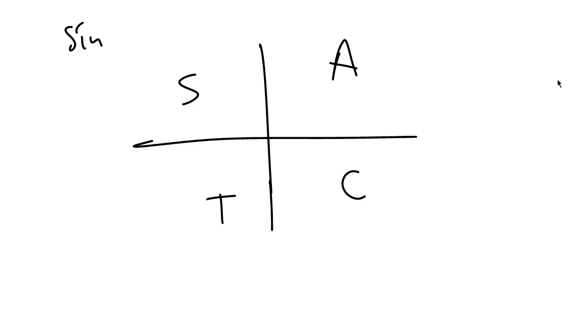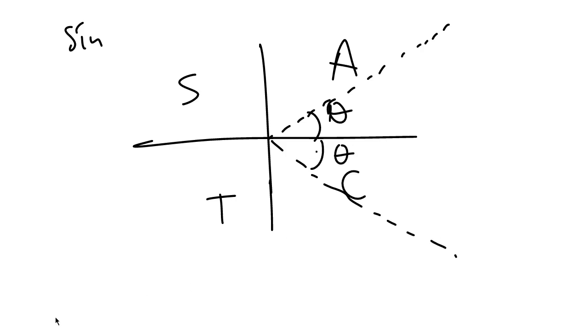right? So it's important to note that if we should draw something over here, and then we have an angle theta, follow me, and then we have another angle here, theta. It's important to know that sine of negative theta is equal to negative sine theta.